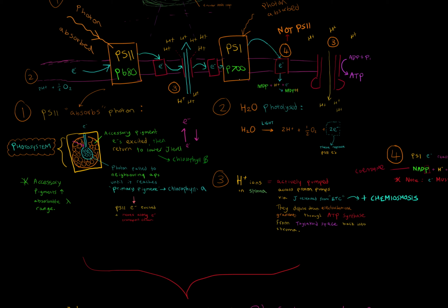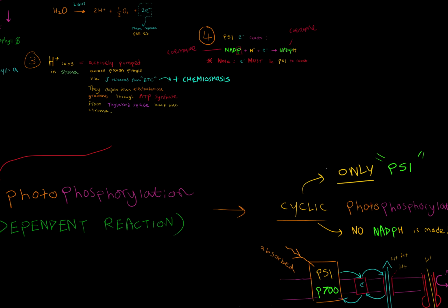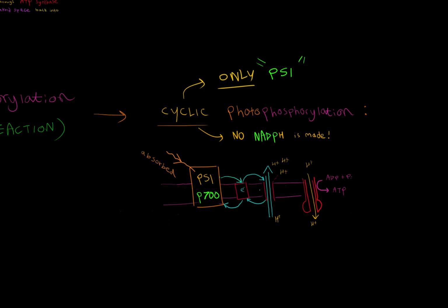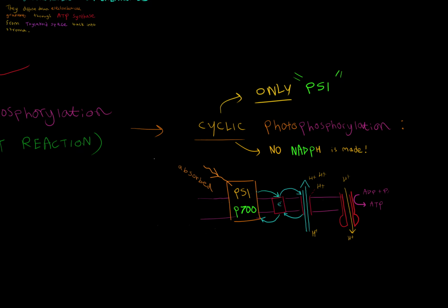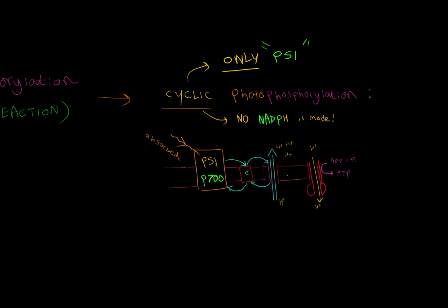Not only will non-cyclic photophosphorylation stop, cyclic photophosphorylation will stop as well. So you won't even have ATP production through cyclic photophosphorylation if PS1 gets destroyed, and it is for that reason that PS1 is much more important, at least in examiners' eyes. With PS1 alone, you can still produce some ATP through cyclic photophosphorylation.